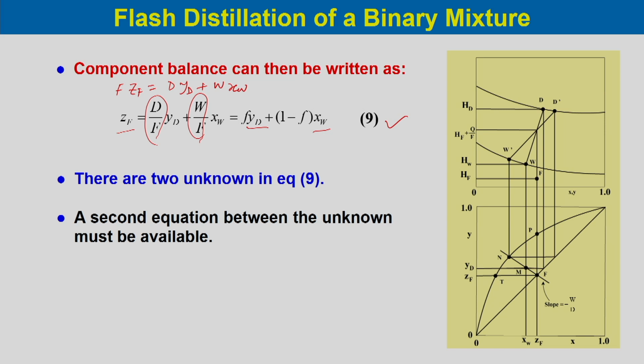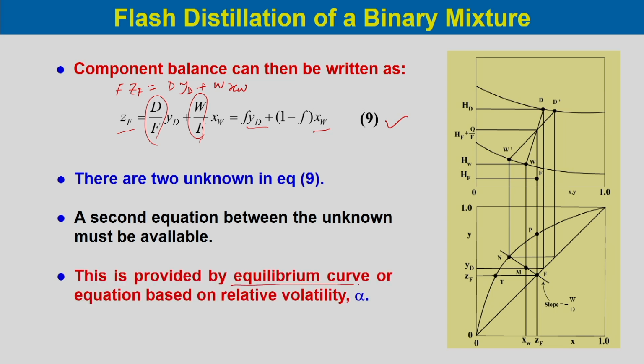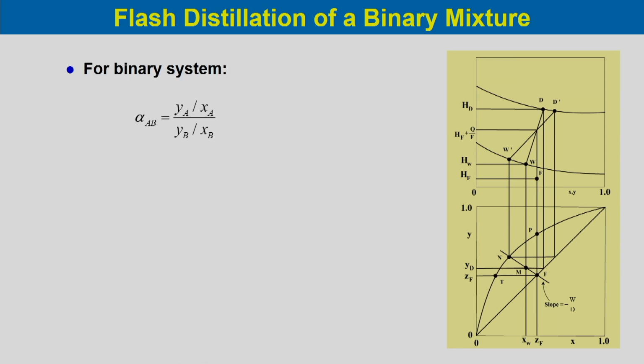To do that there are two options available. One is the equilibrium curve: if equilibrium data is available, then we will have the equilibrium curve, or it can be based on the relative volatility equation, that is alpha. Either of these two should be available to relate the compositions YD and XW. Now, for a binary system, as we have already discussed, alpha AB would be equal to YA by XA divided by YB by XB.